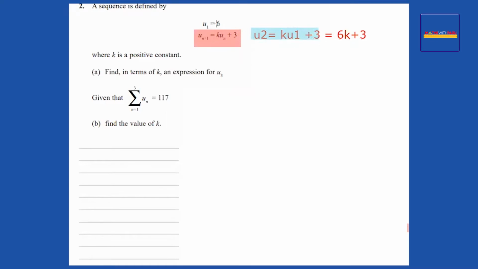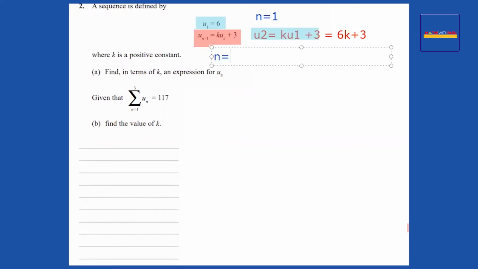Now we know that u1 is equal to 6, so it would be 6 into k plus 3. Next, we're going to substitute n is equal to 2.